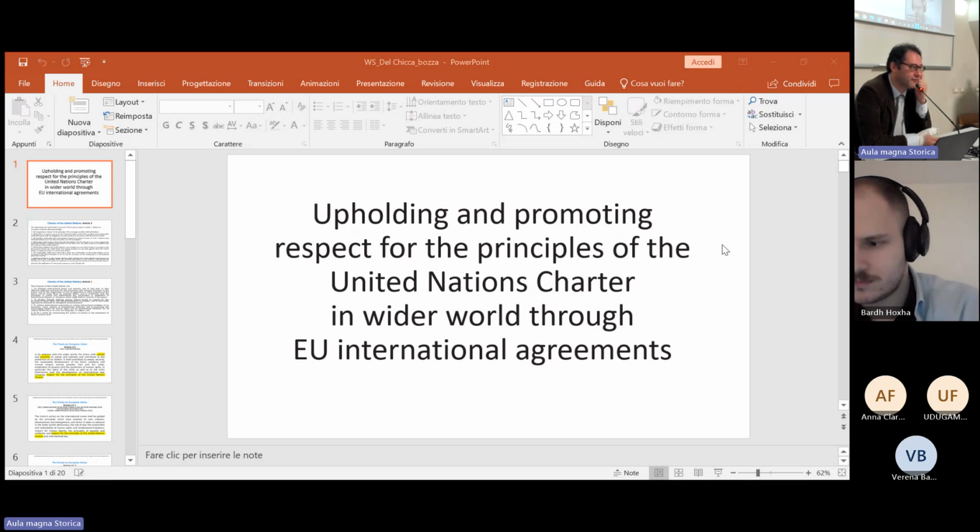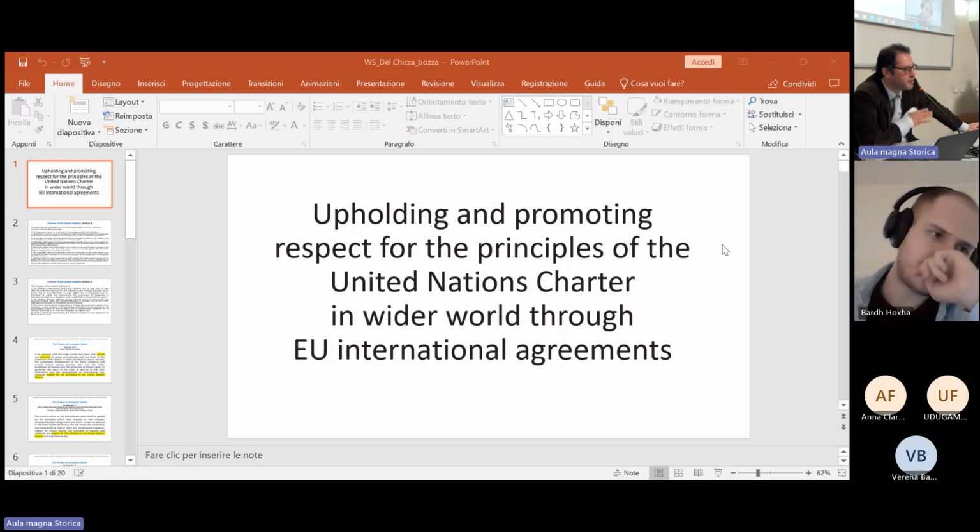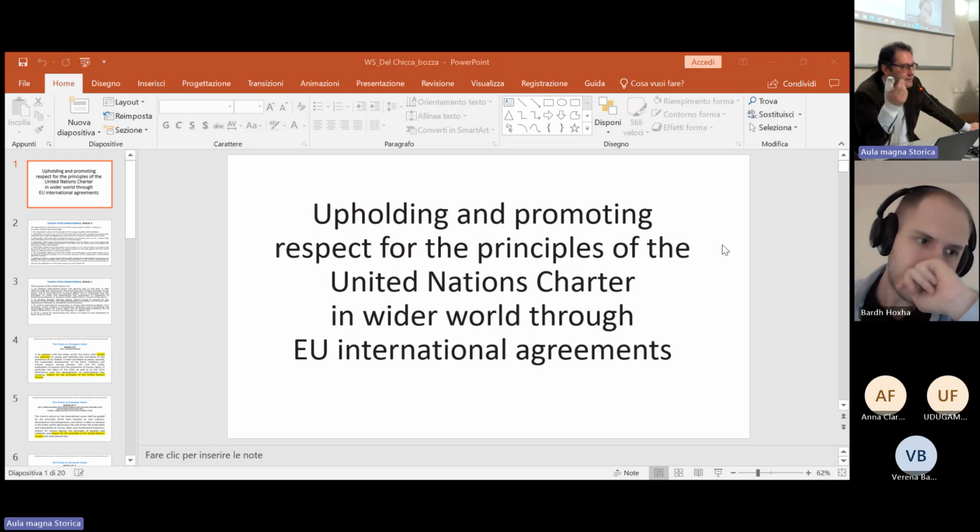Even the mere threat of force was prohibited by Article 2, paragraph 4 of the United Nations Charter. It was a new way to view international relations, because until 1945, until the United Nations Charter, the use of force was in some way limited, but not prohibited. From 1945, the use of force was totally prohibited by Article 2, paragraph 4 of the United Nations Charter.